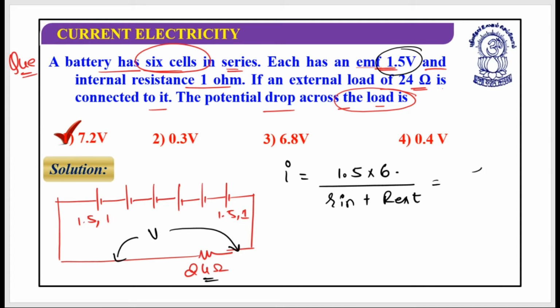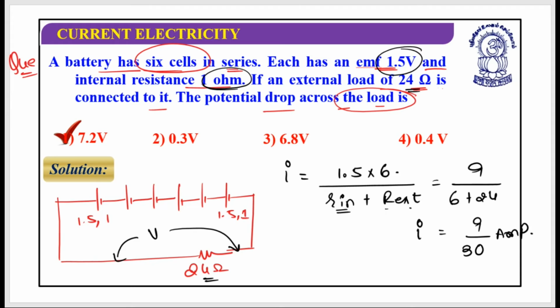So 1.5 times 6 is 9, divided by internal resistance. There are 6 internal resistances, each of 1 ohm. So this is 6 plus 6 plus R external. R external is 24 ohm. So this is 9 divided by 30 ampere. This is the current that is flowing through the circuit.